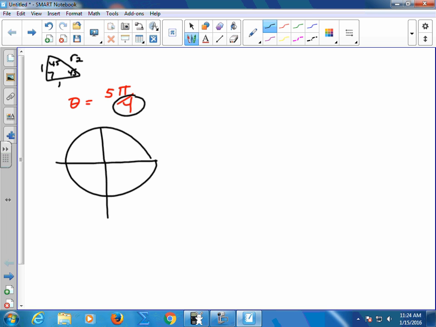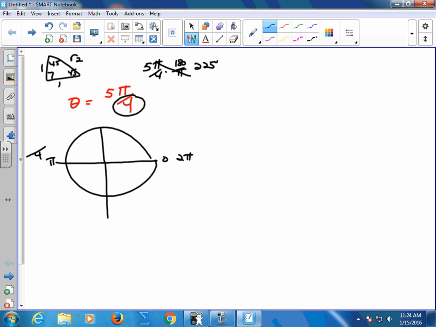Okay? So now I got to locate this. I have 2 choices. If I want, I can multiply this and convert it to an angle. This goes in 45 times 5. I got to take out my calculator. 225. What quadrant would that fall in? Third. Okay? Or I can do it in radians. This is 0. This is pi. This is 2 pi. I need to make this with a denominator of 4.